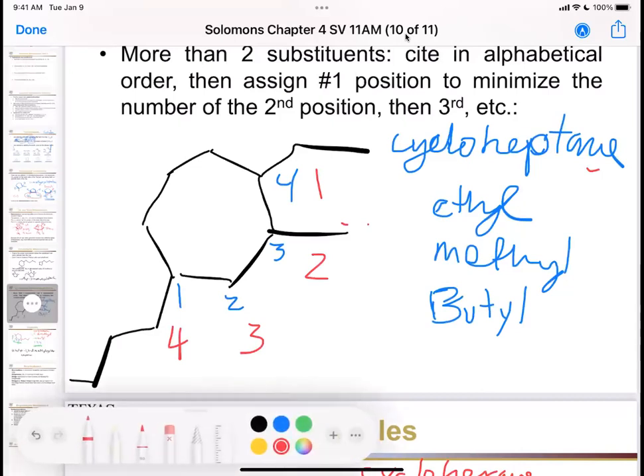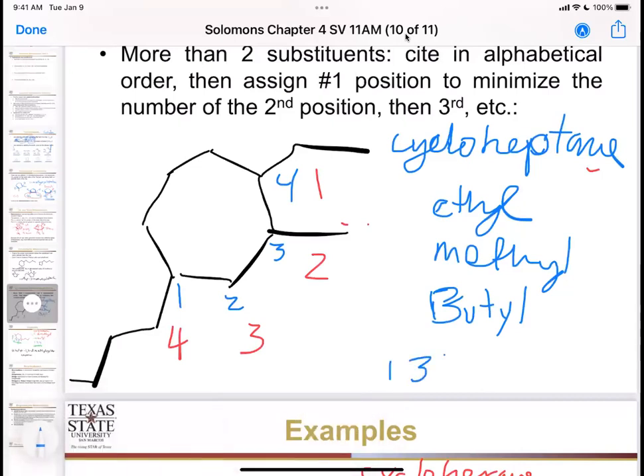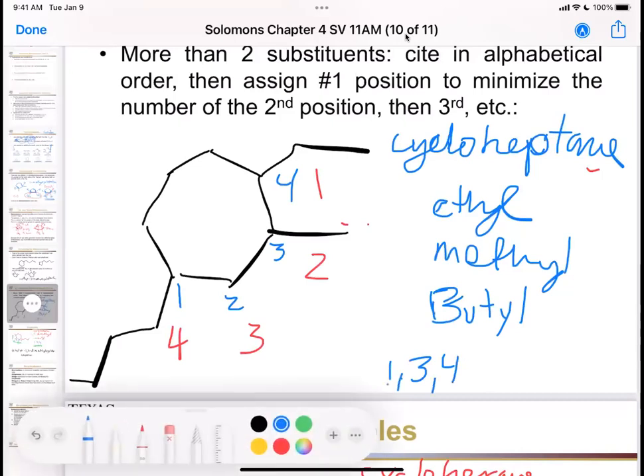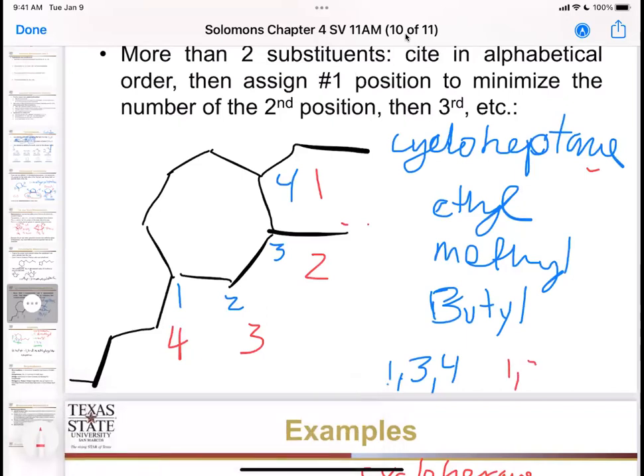Right, because in our first set of numbers, it would be 1, 3, 4 on our substituents. In the second set, it would be 1, 2, 4. So we have to name it on that second set. So it's going to be 1, 2, 4. So now we can assign our substituents, and our 4 is on the butyl, our 2 is on the methyl, and our 1 is on the ethyl.